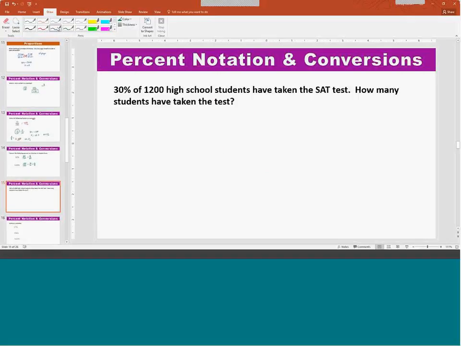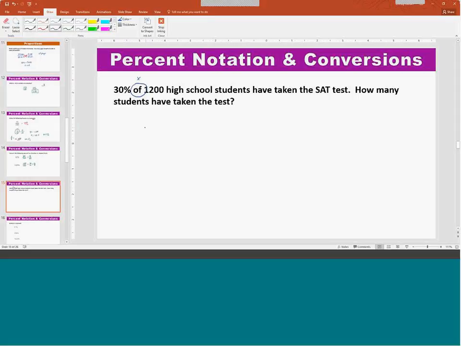Let's look at how we apply this to real-world situations. 30% of 1,200 high school students have taken the SAT test. How many students have taken the test? Now, if you read this correctly, the word "of" usually indicates multiplication. So we're going to multiply. How do we multiply a number times a percent?